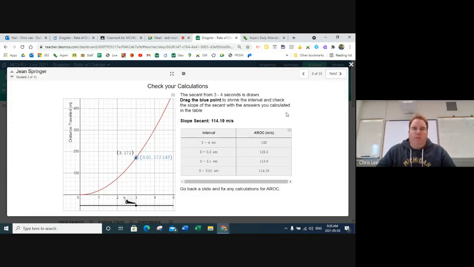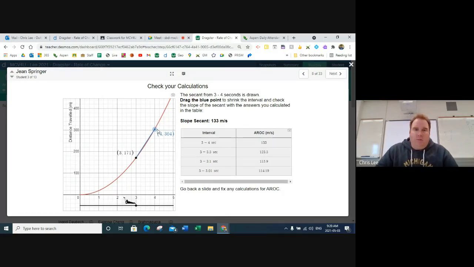And so what we said was, okay, well, let's change that and start shrinking our secant. So this is a pretty good representation of what's going on, but if you look at that blue secant, you can see it's steeper than what's actually happening around this 3-second mark. So, you know, we got 133, but that's too steep.